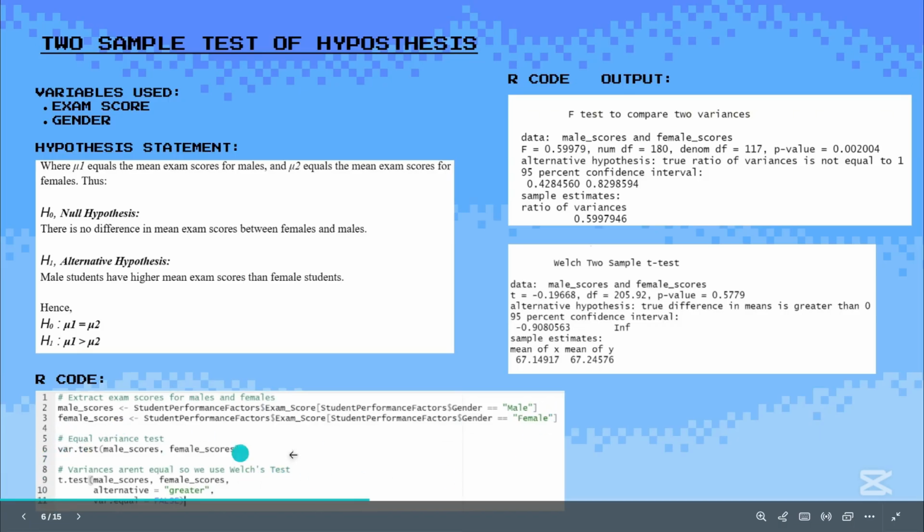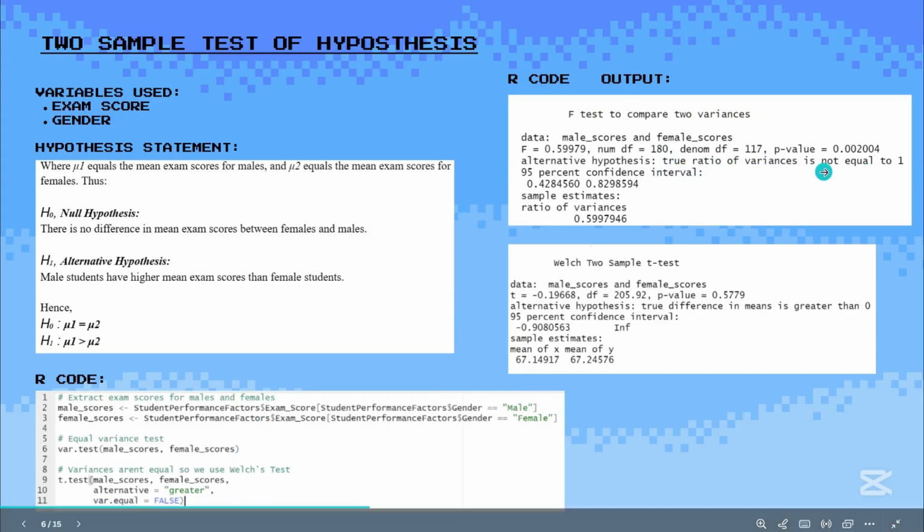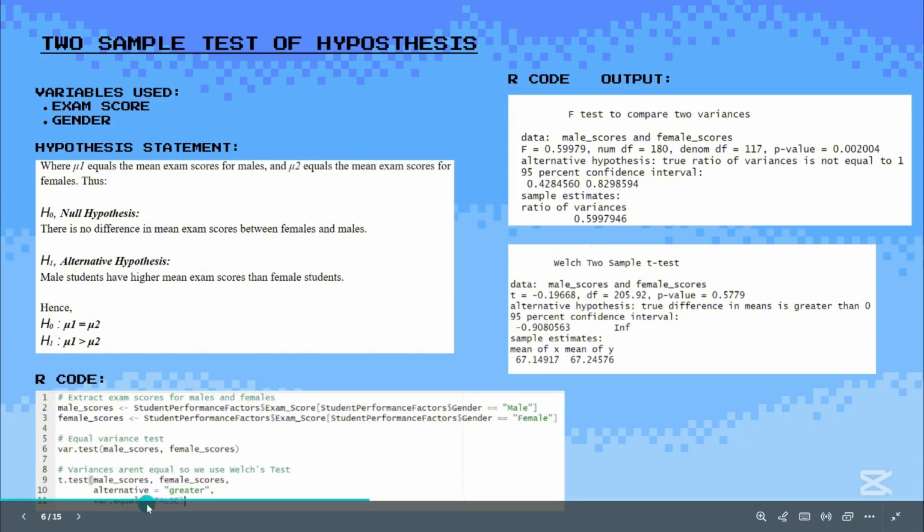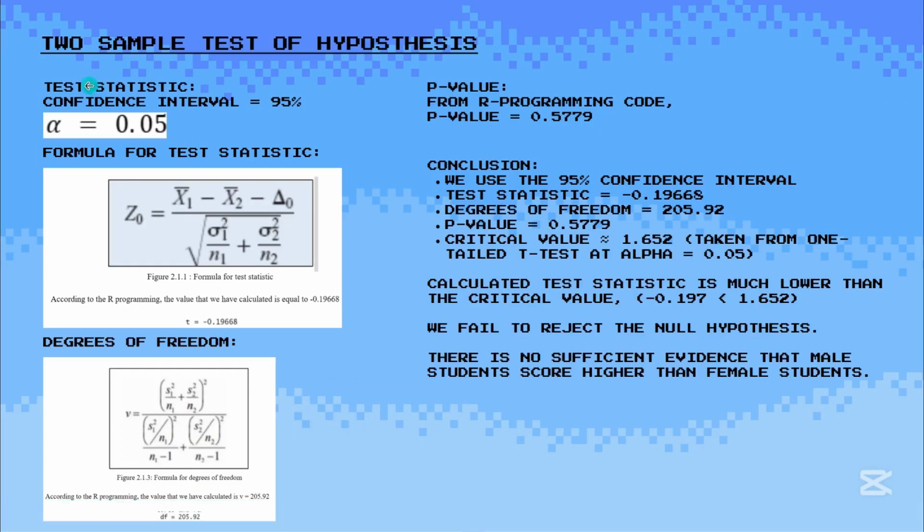So we have concluded that the variances of male scores and female scores are unequal or different. As seen here, the true ratio of variances is not equal to 1, so we need to set var.equal to false. So we are using Welch's test over here. If it was equal, we can just use var.equal equals true. And this is the output of the two-sample t-test from this code, and I will explain in the next slide.